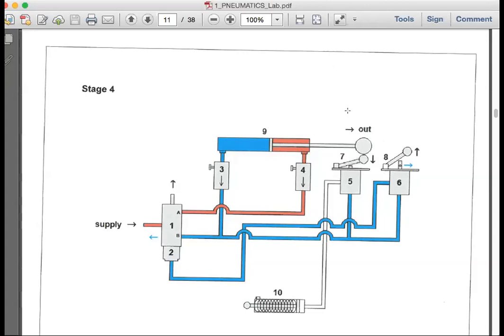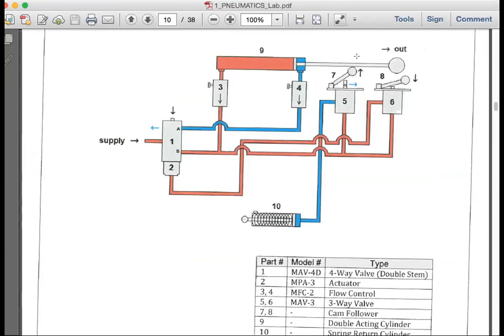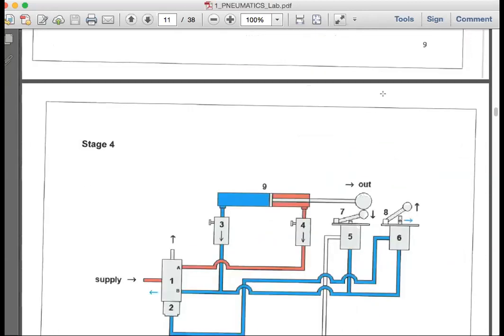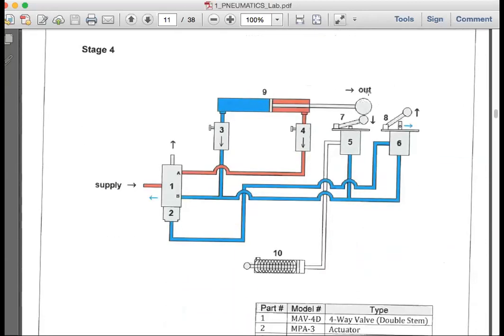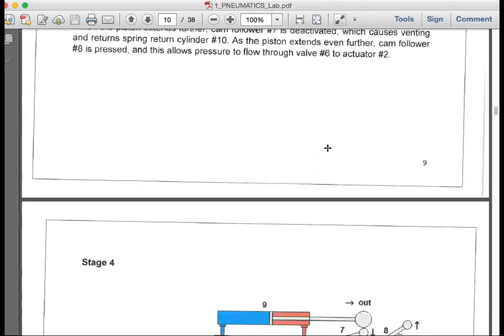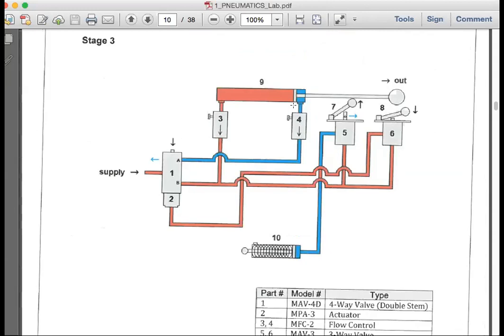Okay, so actually this is the mistake. The arrow was supposed to be out, but right now it's in. Piston is going in, so that's a little mistake. So piston is moving back, but you see the spring return cylinder, there is no venting anymore. The pressure was in previously, this was venting, and venting could take only one stage.